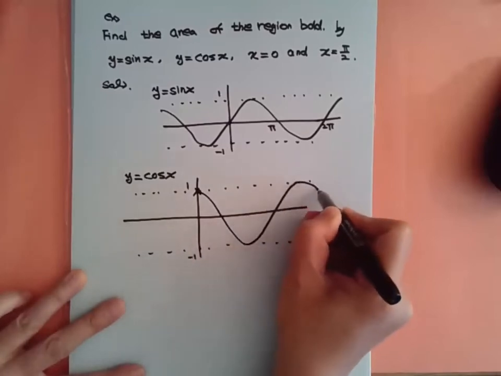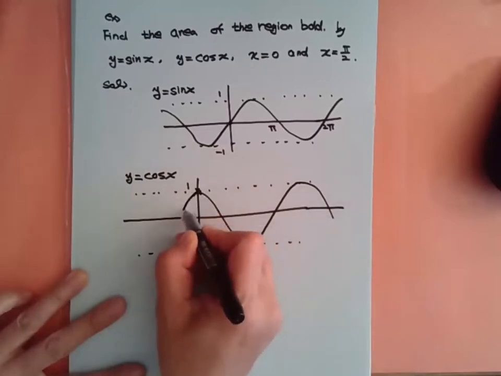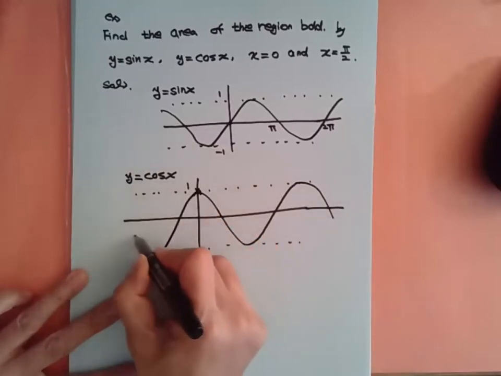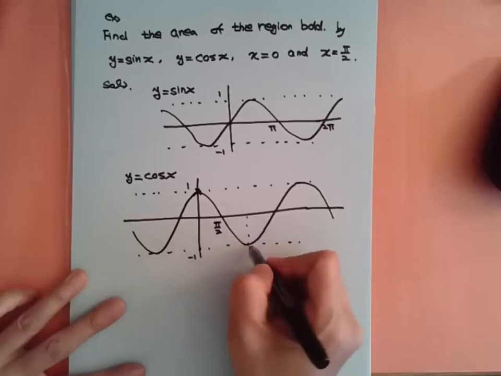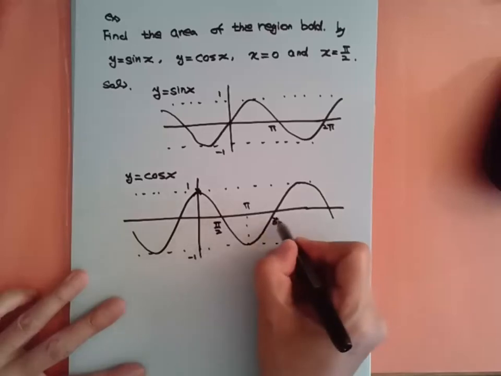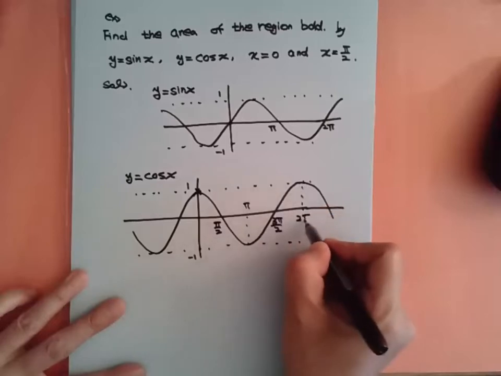The period is still 2 pi. So the first zero is at pi over 2, and this is pi, 3 pi over 2, and this is 2 pi.